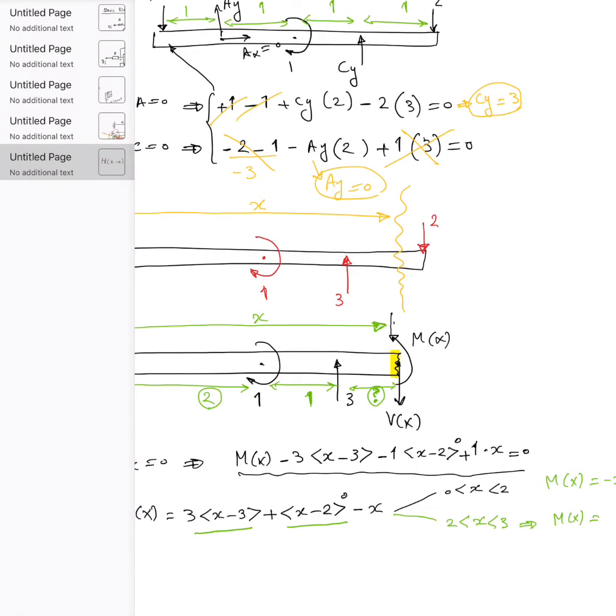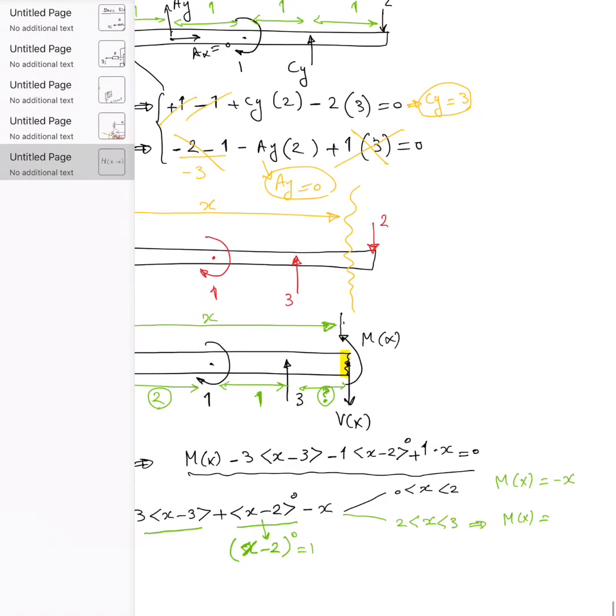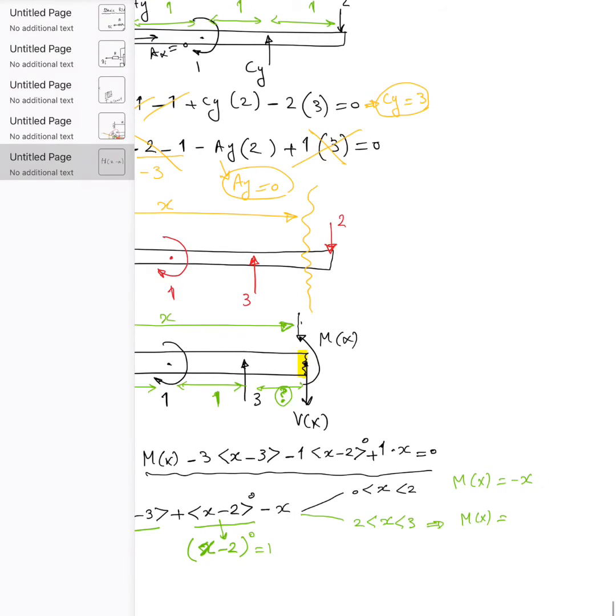Then you say, well, my x is greater than 2. So the Heaviside reduces to x minus 2 inside parentheses, because x is greater than 2. It becomes itself, whatever is inside the Heaviside function, right? And x minus 2 to the power 0 is 1. So your relation becomes 1 minus x when x is between 2 and 3.